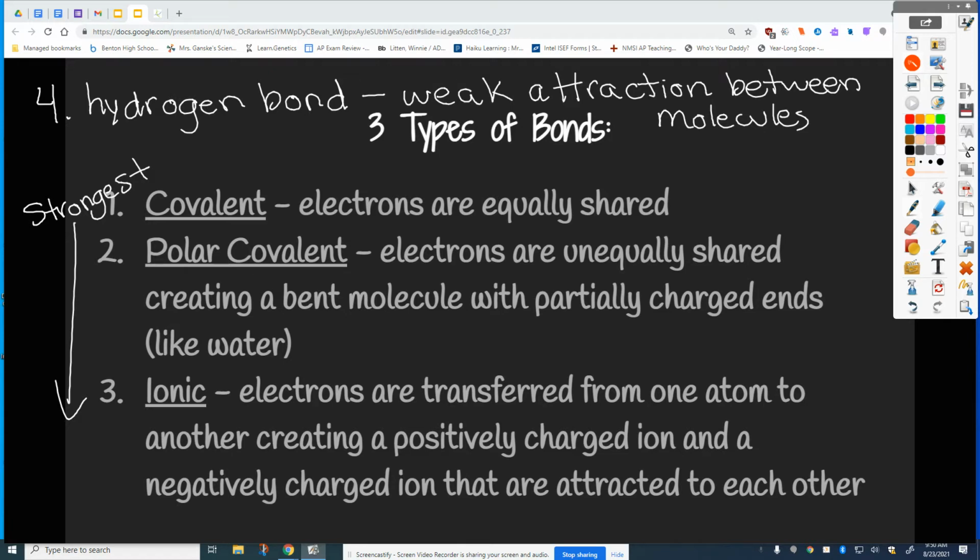Does that make sense? It's a weak attraction between water molecules. So one water molecule is weakly attracted to another because of those polar covalent bonds and the oppositely charged ends.